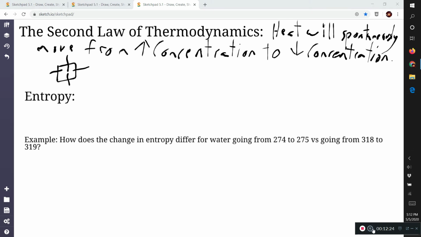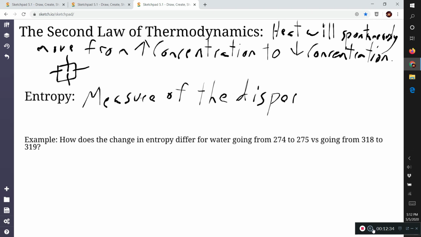Entropy is a measure of the dispersal of energy. So how much is the energy spread out? Let me give you a couple examples.